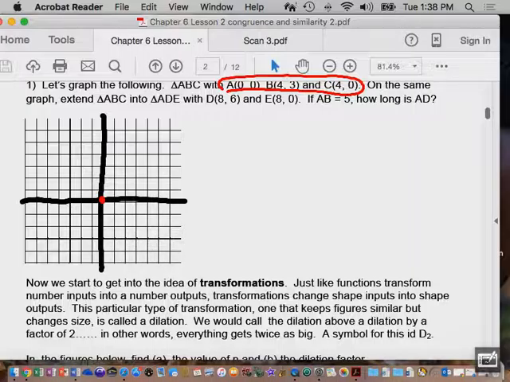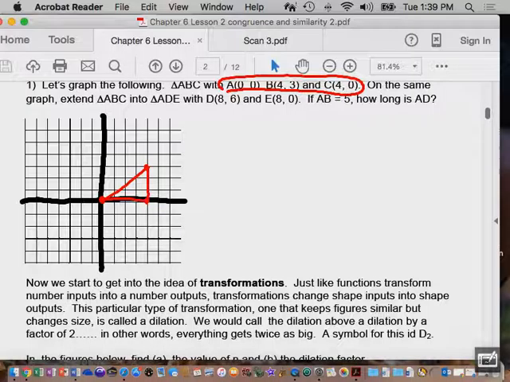The next point is 4, 3. And the next point is 4, 0. So there is my triangle. Okay? And then it says, extend the lines to the following points.